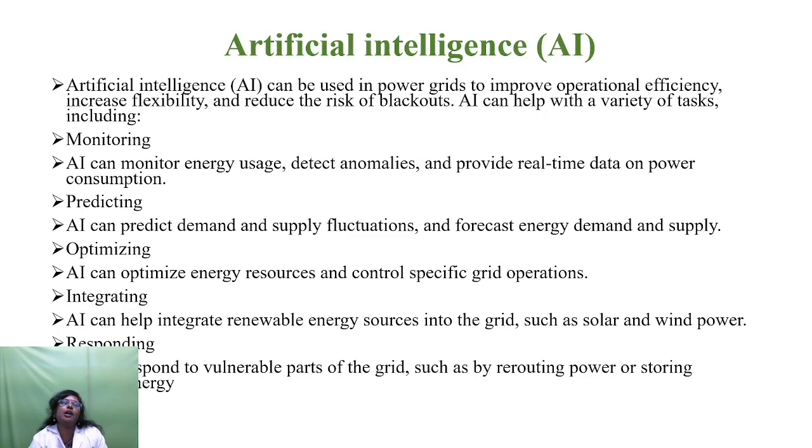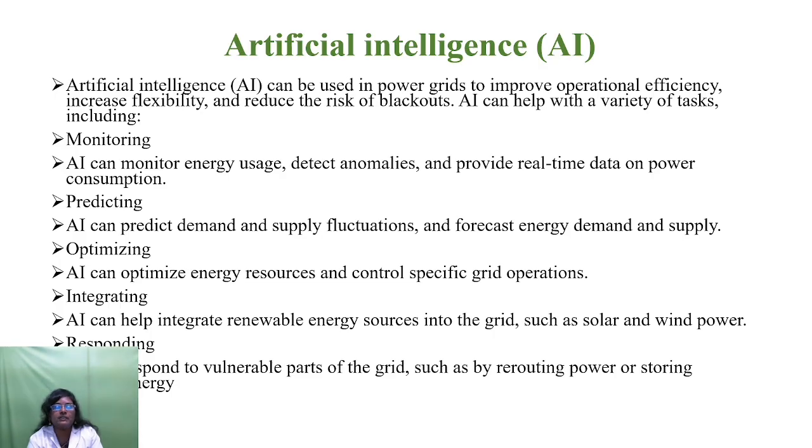So for artificial intelligence, AI can be used in power grids to improve operational efficiency, increase flexibility, and also reduce the risk of blackouts. This AI can be helpful with a variety of tasks including monitoring, prediction, optimization, integration and responding.